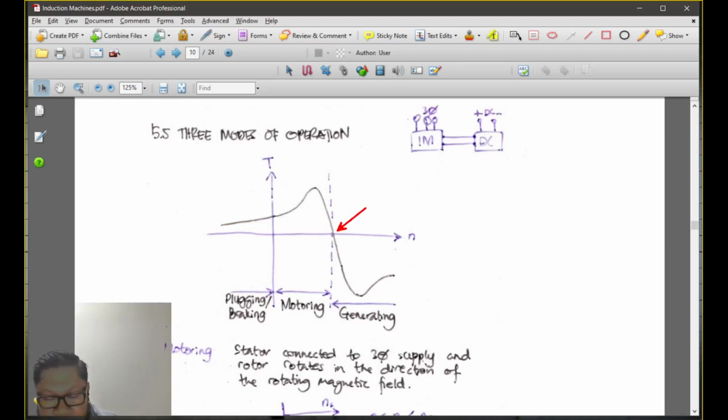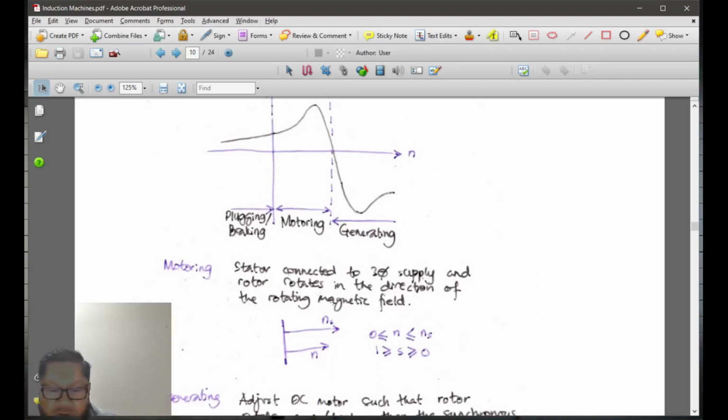At that point, S equals to 1, isn't it? And at that point, S equals to 0, since n equals to ns. So beyond that, we get the generative mode.